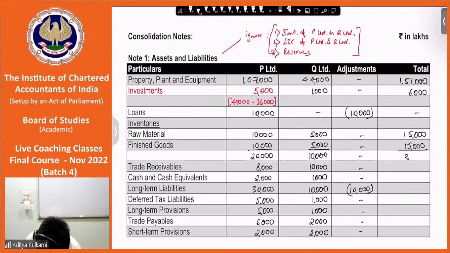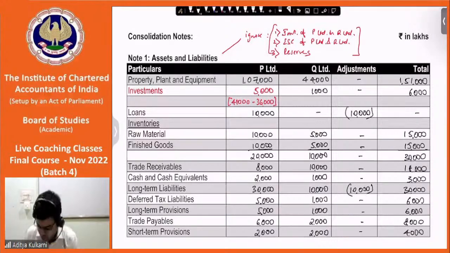So total comes to 30. 8 plus 10, 18. 2 plus 1, 3,000. 30 plus 10 minus 10 is 30. 5 plus 1, 6. 6 plus 2, 8. 2 plus 2, 4. Okay. So totaled up P plus Q plus adjustments column, totaling it up.